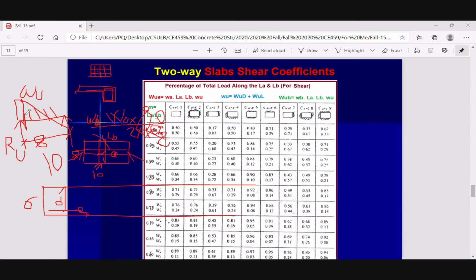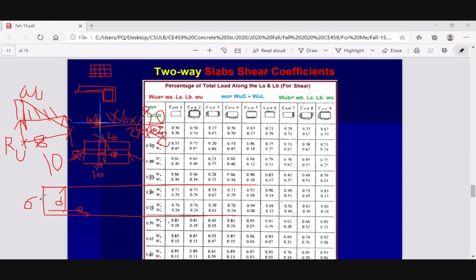Sure. You calculate U. This is the RU. We calculated this divided by 2 divided by LB or LA. You will find reaction at either side. That's your RU. D from face of the support. Okay, D from face. D, you calculate this thickness minus the maximum of 1 inch and the diameter of the rebar divided by 2 plus 3/4, whichever is greater.